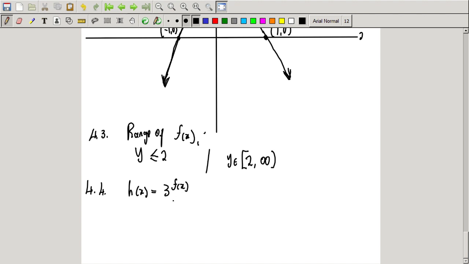The maximum of f of x, we already know it is 2. So the maximum of h of x is going to be 3 to the power of 2, because f of x is at its maximum, which is 2, since all values are less than 2 or also at 2. So the maximum value is 9.